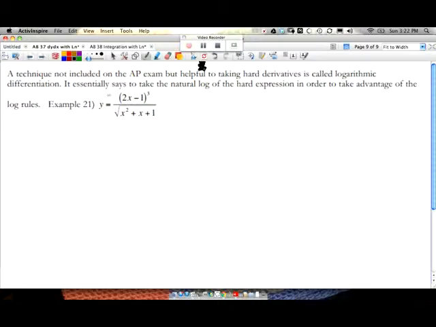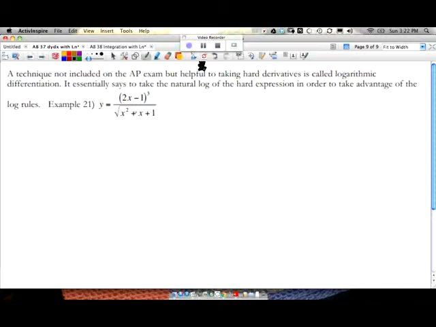So what are we looking at here? We're taking the natural log of the hard expression in order to take advantage of log rules. So when I see this, I see y equals a big complex function. Now there's no natural log here, and that's kind of the point.